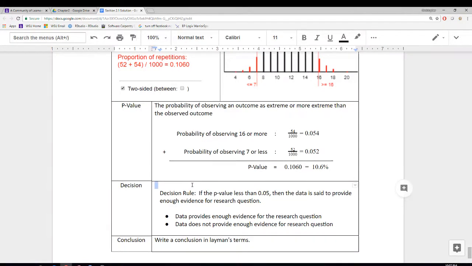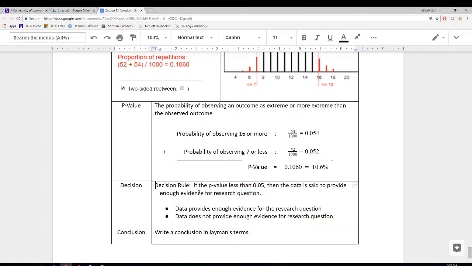So now let's apply the decision rule. The decision rule is, if the p-value is less than 0.05, then we have enough evidence for the research question. So is 0.106 less than 0.05? The answer is no. So once again, this example does not provide enough evidence for the research question.